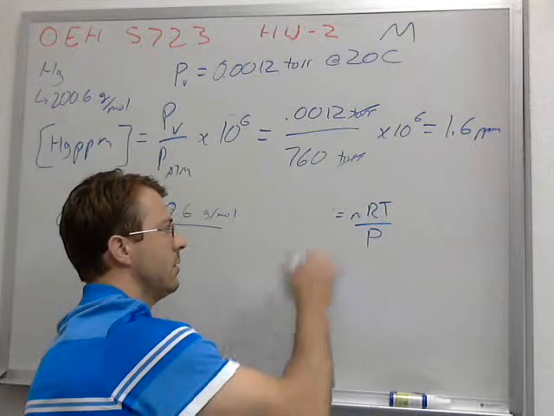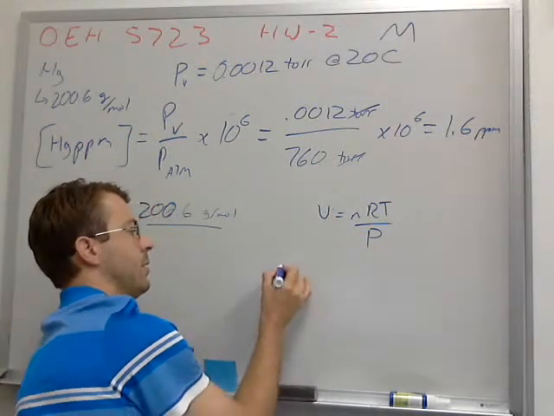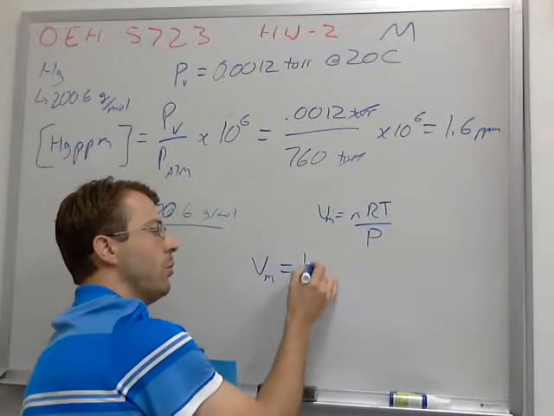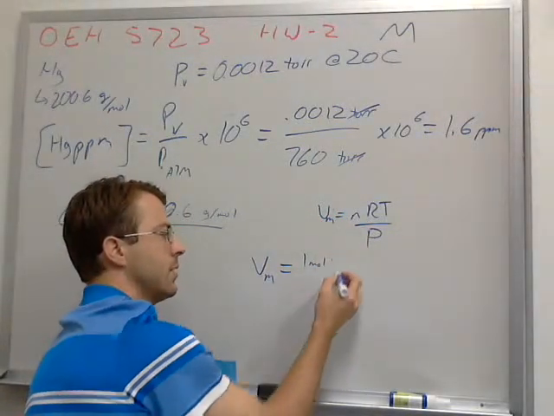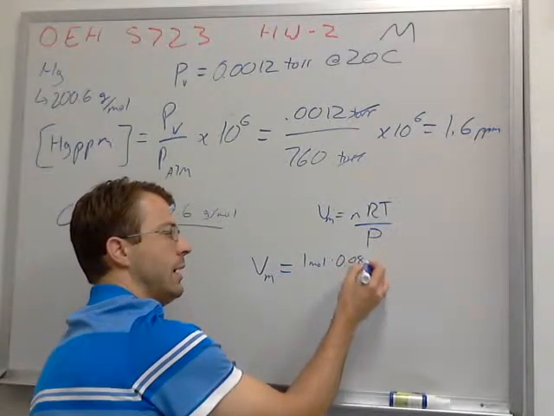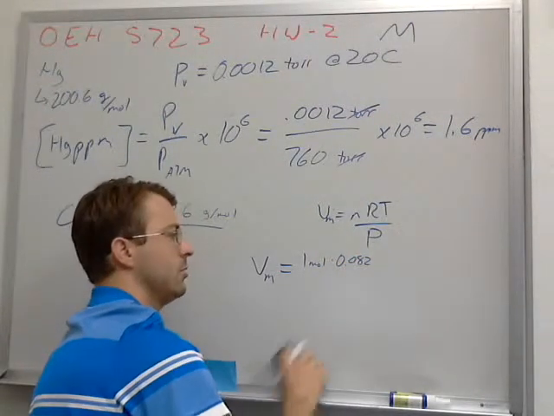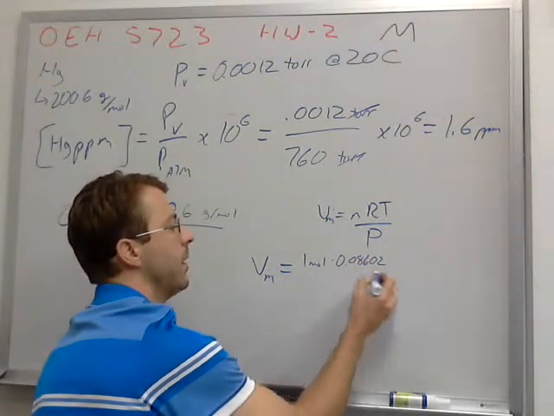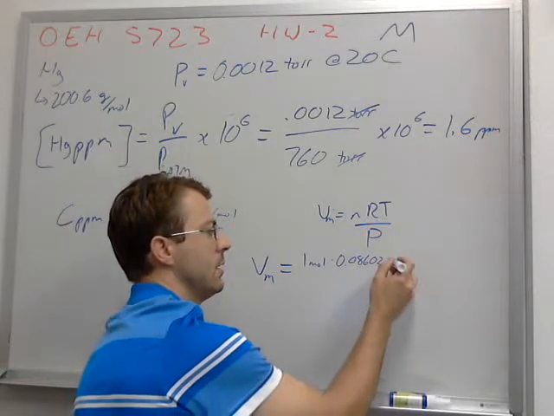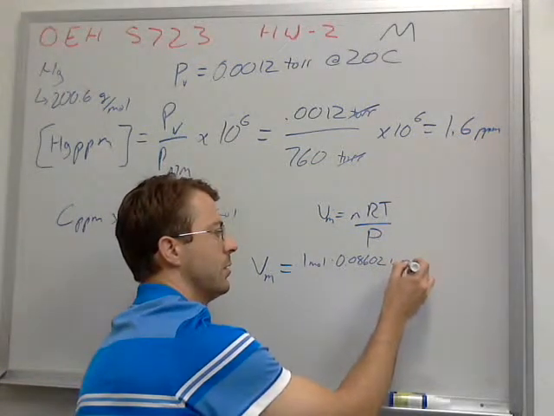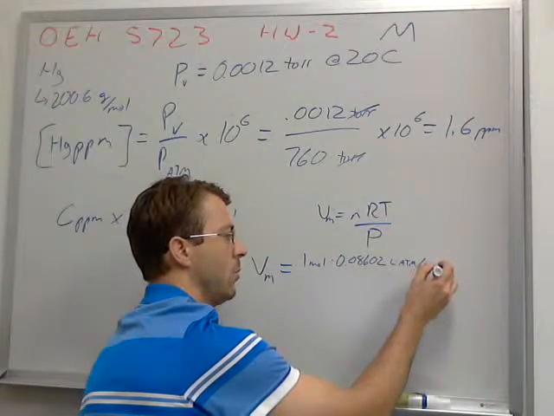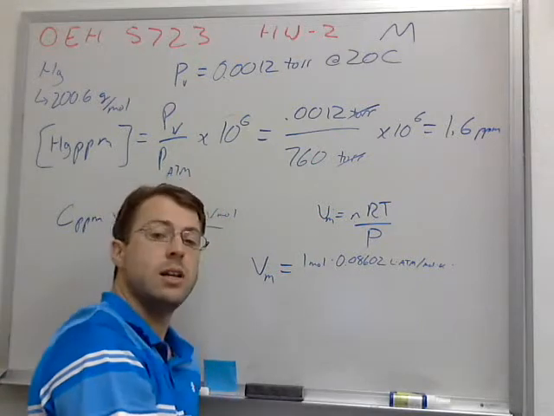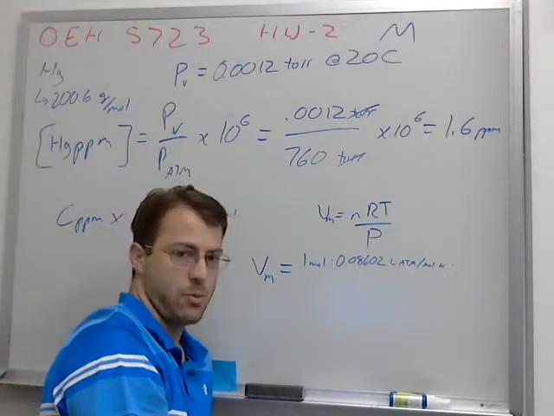So V equals nRT over P. So molar volume means we're assuming 1 mole. We have our gas constant of 0.08206, and that is going to be liters atmospheres per mole Kelvin. And then we multiply it by temperature in Kelvin. So it's not 298, it's going to be 293.